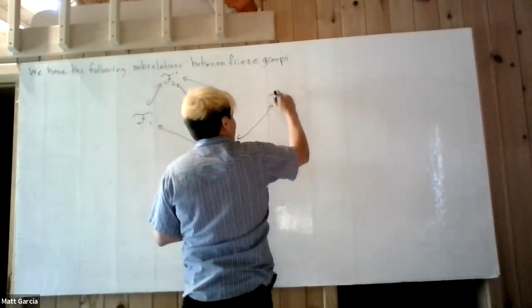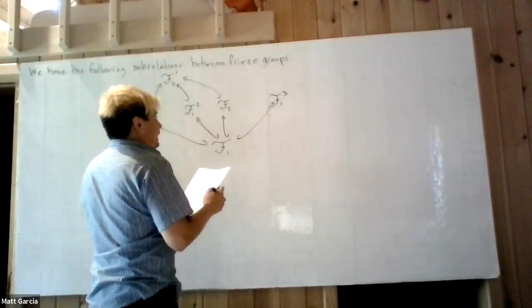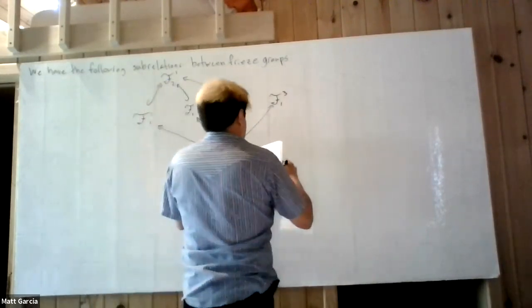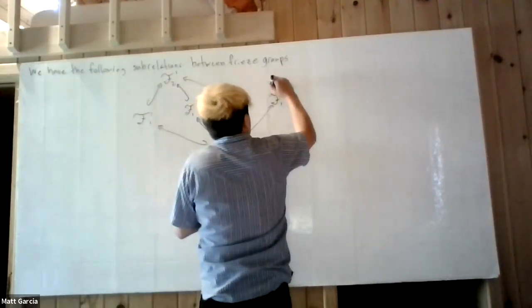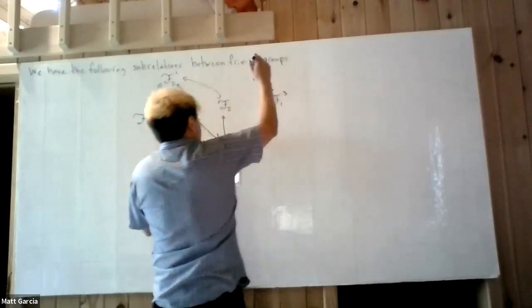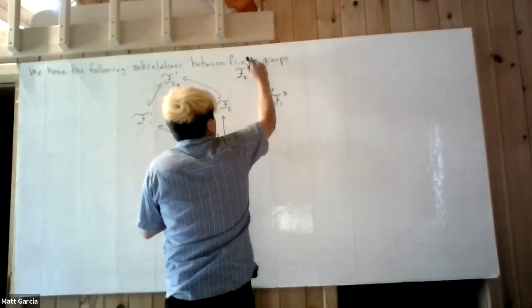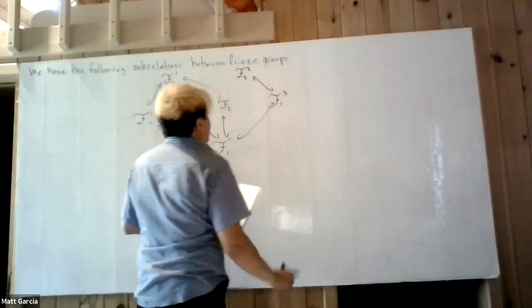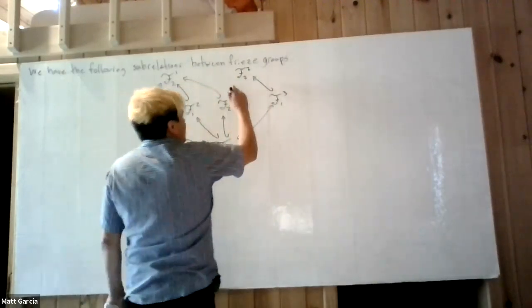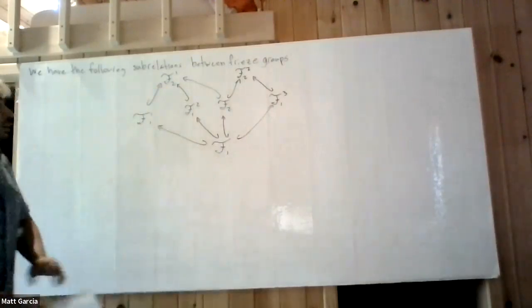Perhaps not surprisingly, it's also a subgroup of F13, which in turn is a subgroup of F22. Got one more arrow. F2 is also a subgroup of F22.